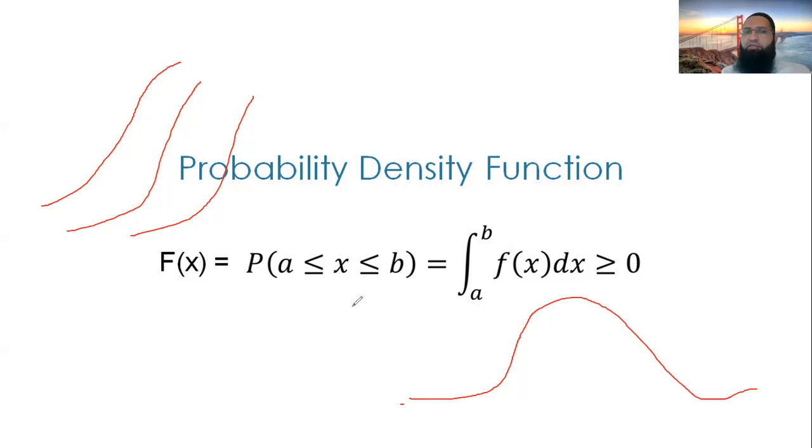The density function is going to give you a probability in a certain range. So I will say, what is the probability that the age lies between 18 years and 25 years? I might want to find that out, right? What is the probability of my customers having an age in the range 18 to 25?